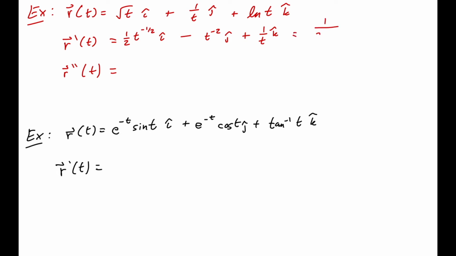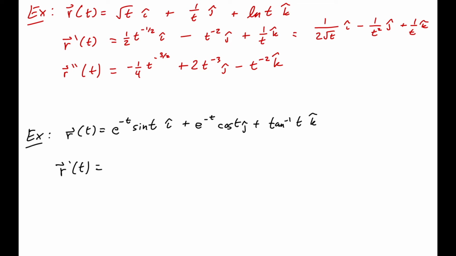You would probably see this in answer keys like this: i minus 1 over t squared j plus 1 over t k. But for differentiating, it's really best to keep it in the power form: 3 over 2 plus 2t to the negative 3 j minus t to the negative 2 k. Do you feel like you're refreshing your derivative knowledge? Does this sound familiar?